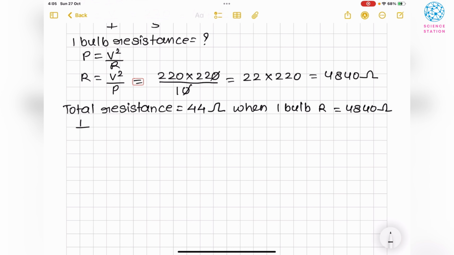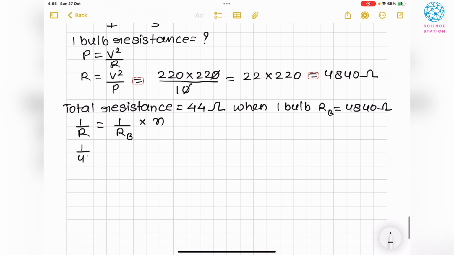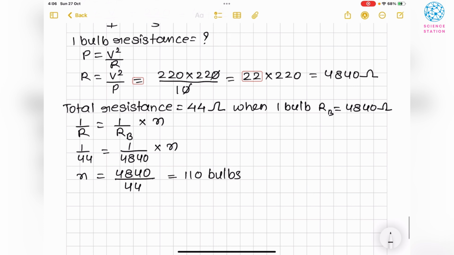So 1 upon R equal to 1 upon RB into N. So RB is the resistance of one bulb. So here 1 upon 44 will be equal to 1 upon 4840 into N. So N will be equal to 4840 upon 44. So that will come as 110 bulbs. So I can connect 110 bulbs.